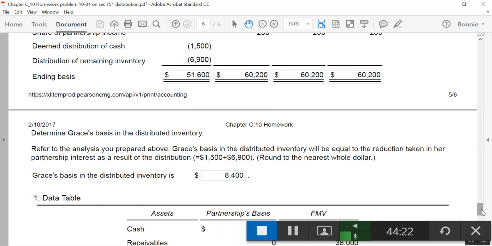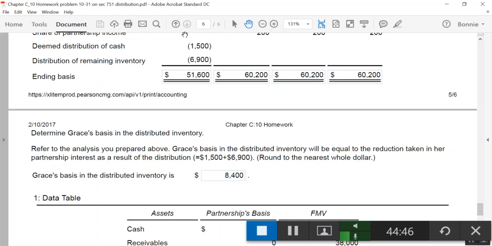Because what we've learned in a regular distribution situation is that the basis you take in a distribution of non-cash property is the same as what you're reducing your basis in the partnership interest by.